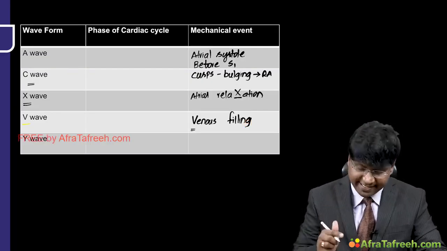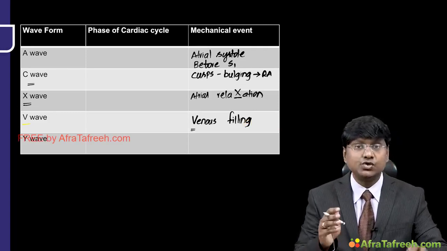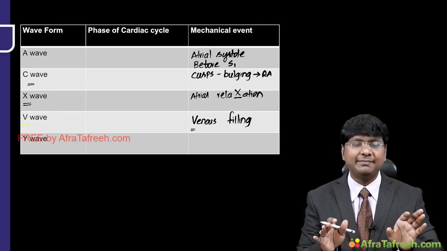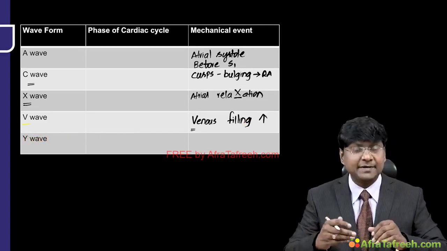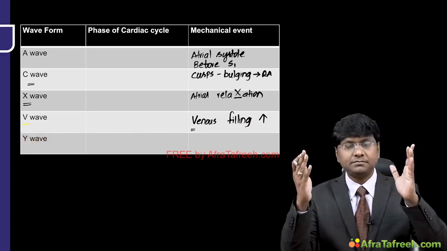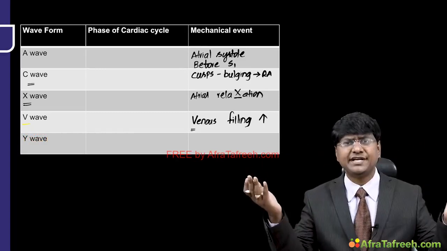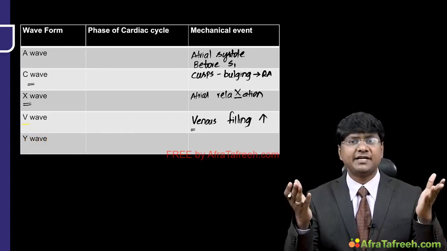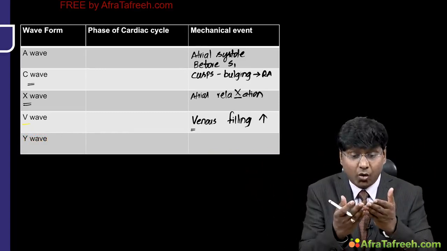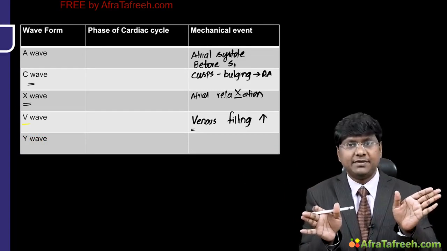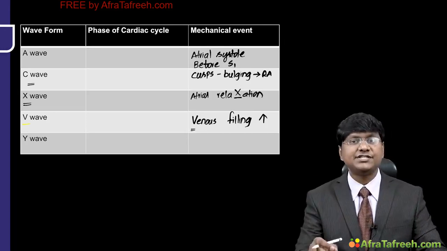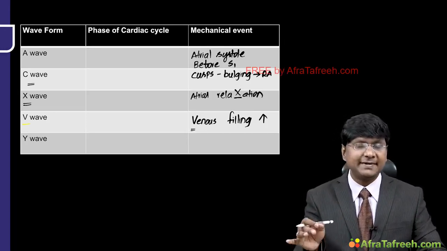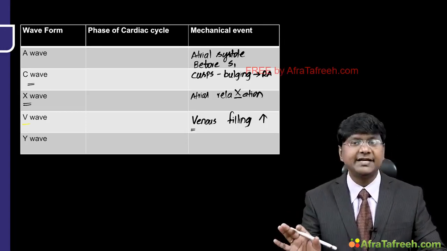Then coming to the Y wave. The Y wave is a negative deflection. The Y wave is due to atrial emptying. So what has happened now? During the venous filling, the right atrial pressure is very much elevated. Once the right atrial pressure increases, it will open the tricuspid valve, and once the tricuspid valve opens, the blood from the right atrium gushes into the right ventricle, and thereby there will be atrial emptying, resulting in the Y wave.